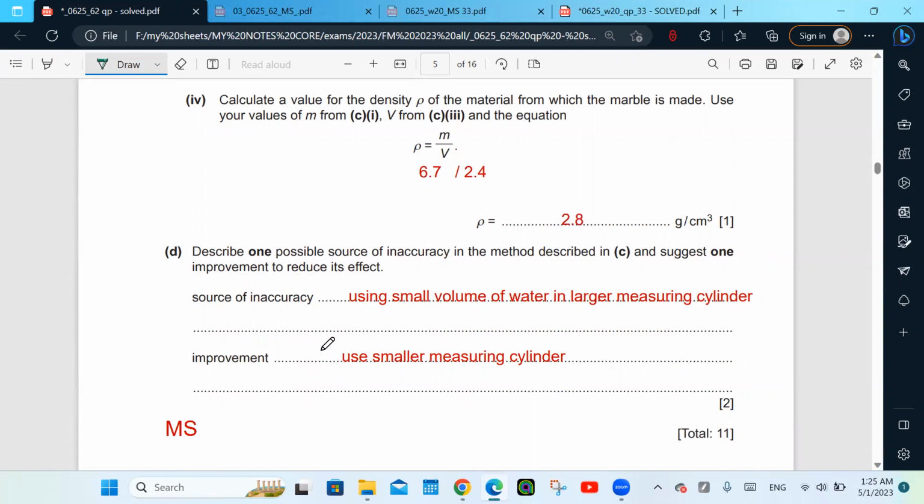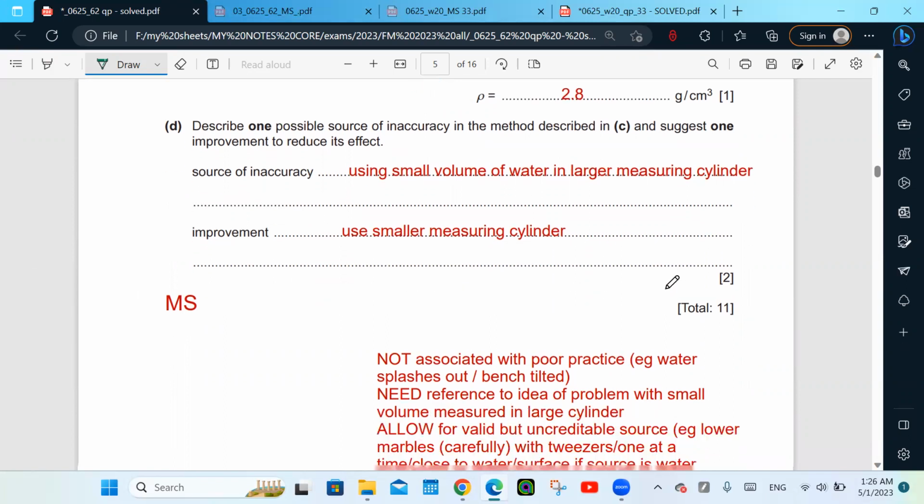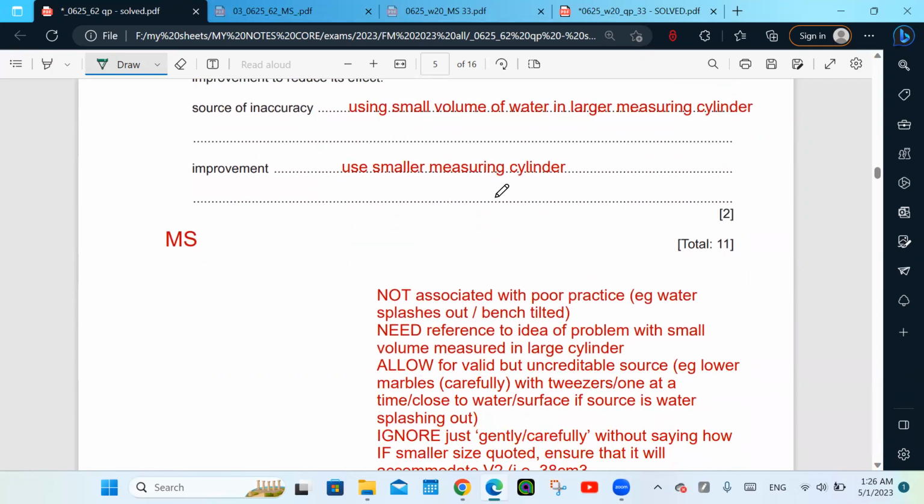And how can we improve the experiment? We can improve the experiment by using a smaller measuring cylinder, because we have only a very small volume, only 26.